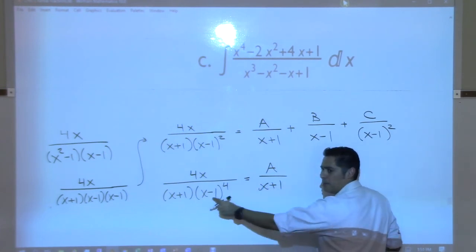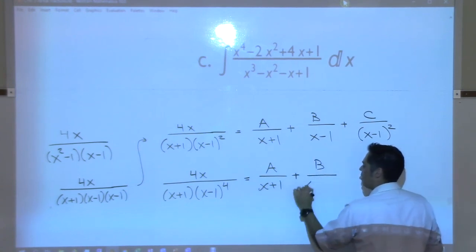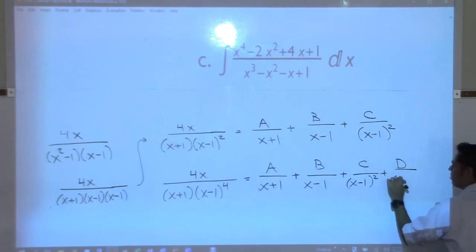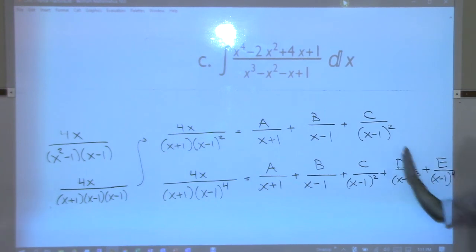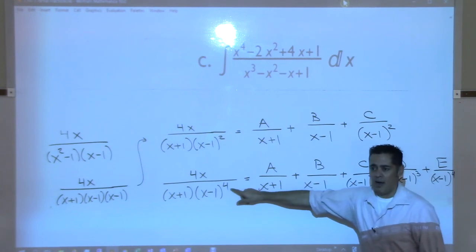But I've got this thing repeated 4 times, which means I'm going to need a b over x minus 1, a c over x minus 1 squared, plus a d over x minus 1 cubed, plus an e over x minus 1 to the 4th. So you've got to keep on adding a constant over each linear factor, increasing the powers as you go until you get to that highest power.